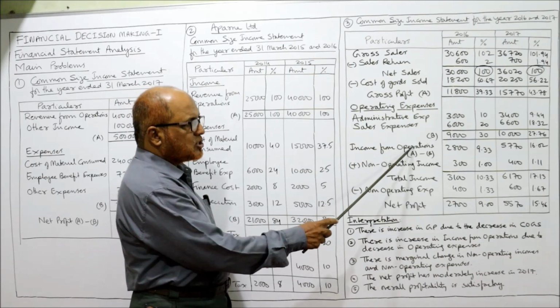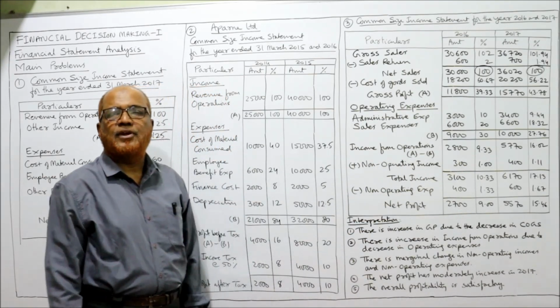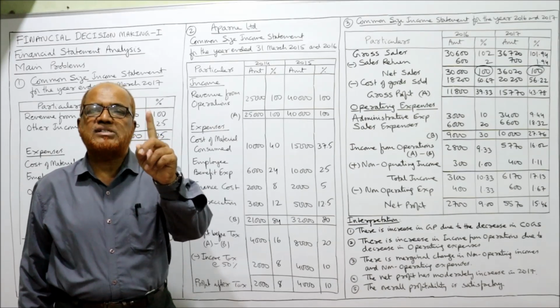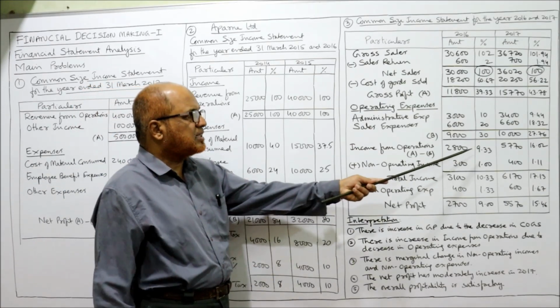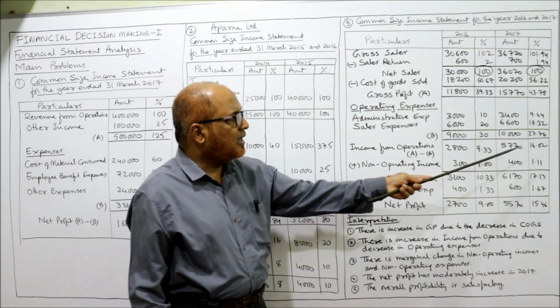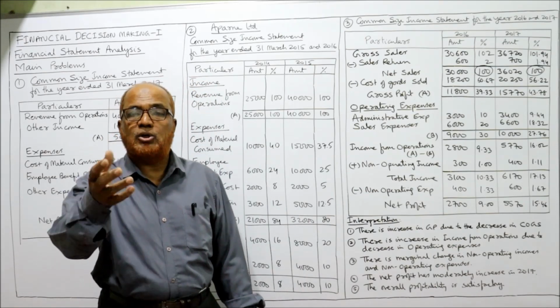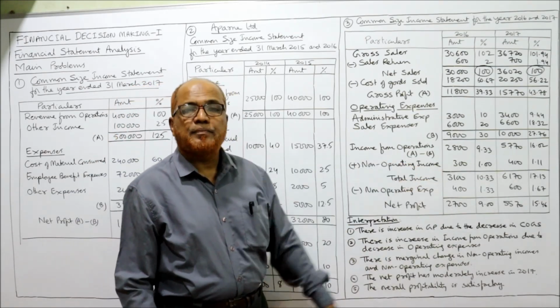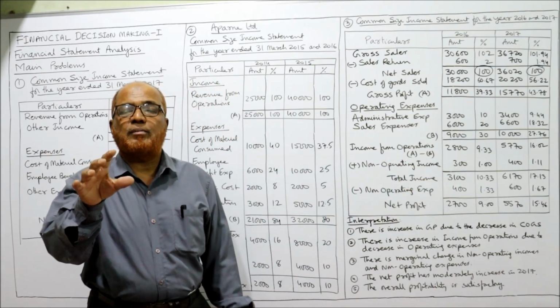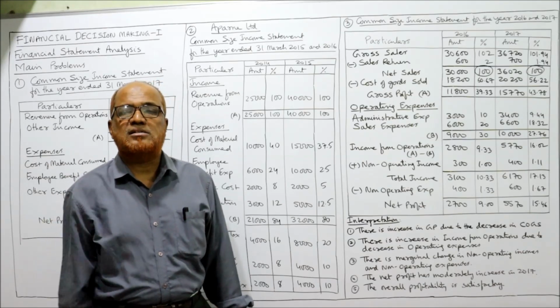Second conclusion, come to income from operations. Last year income from operations was 9.33%. For every 100 rupees of sales, 9.33 is the income from operations last year. And current year it has become 16.02. From 9% to 16%, that means current year income from operations has increased. Why has this increased?